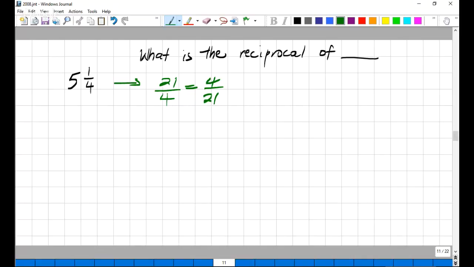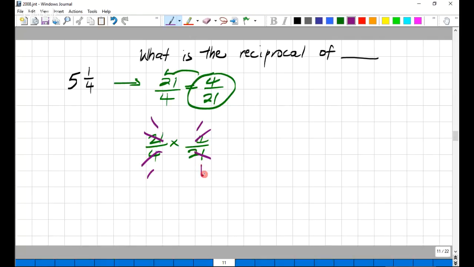So here we have the reciprocal, and we need to remember that the reciprocal is that number that when we use it to multiply the original fraction will result in 1. So let's look at 21 over 4, and we multiply that by 4 over 21. We'll see that 4 can go into itself one time, 4 can go into 4 one time, 21 can go into itself one time, and 21 can go into 21 one time.